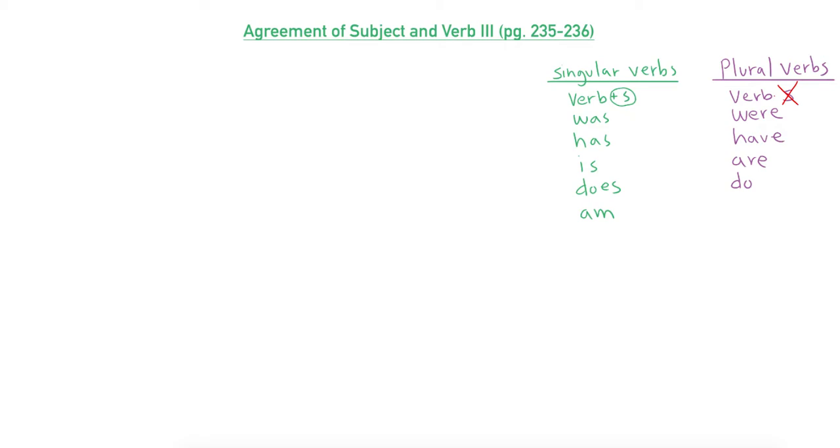All right, so I've got something new to teach you in terms of having your subjects and verbs agree with each other. Just to review, we learned that if you have a singular subject, you have to match that with a singular verb.